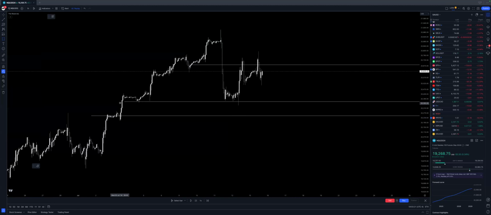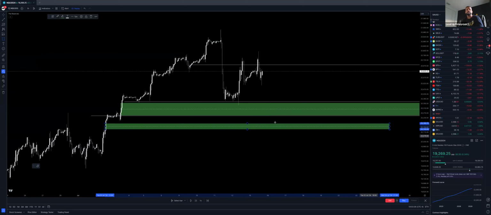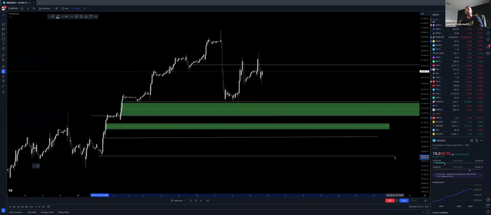So if I'm heading up higher, I do not want price to break below it. Why? Because if it breaks below it, what am I targeting? I'm targeting this fair value gap, this liquidity level, another fair value gap right there too, and then also this liquidity level right here, right?